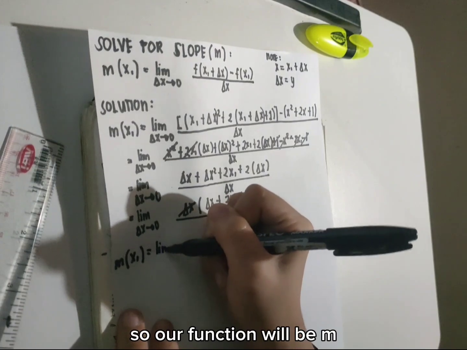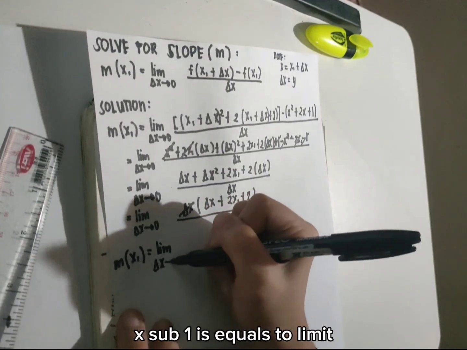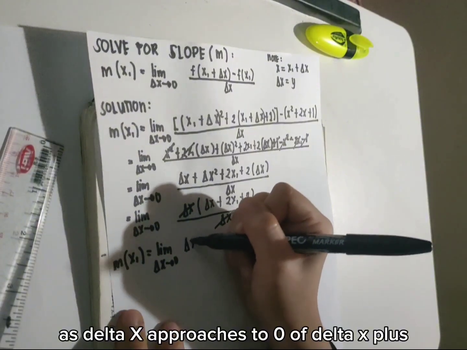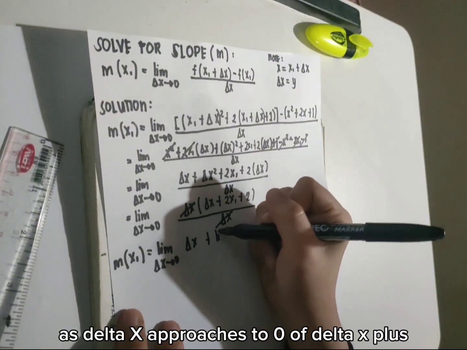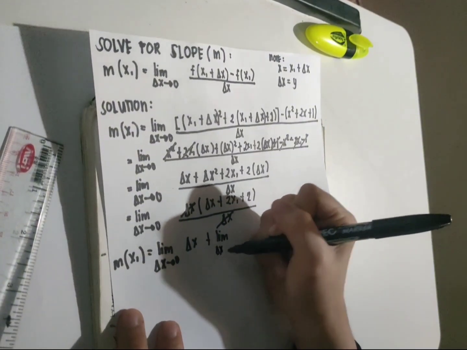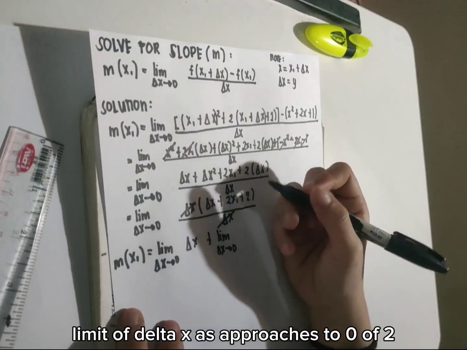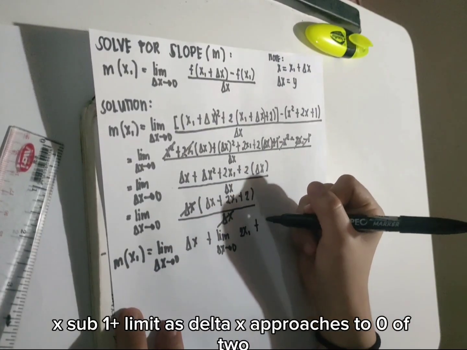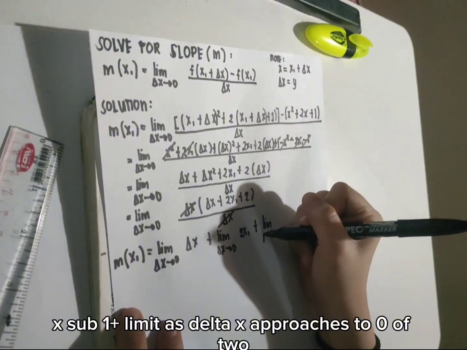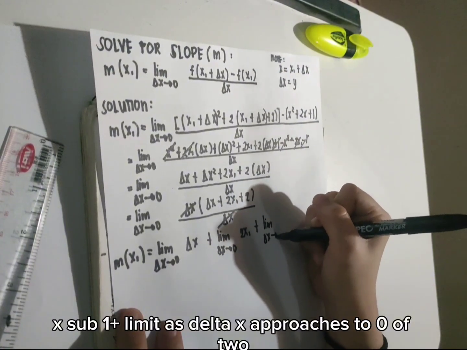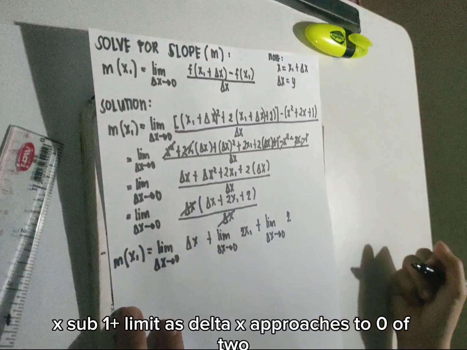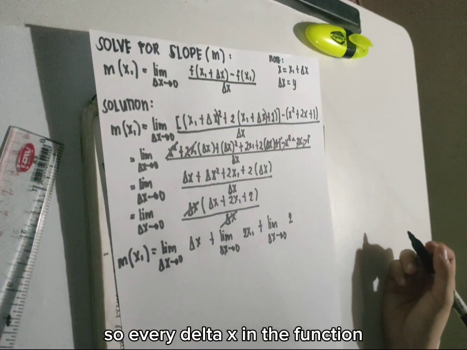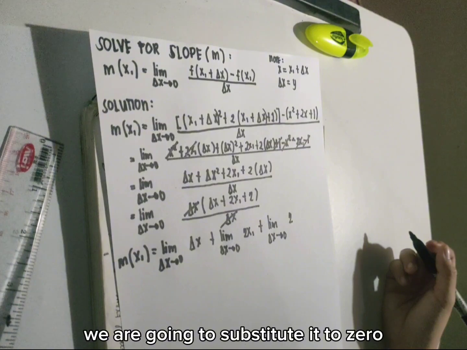So our function will be m of x sub 1 is equal to the limit as delta x approaches 0 of delta x, plus the limit as delta x approaches 0 of 2x sub 1, plus the limit as delta x approaches 0 of 2. So every delta x in the function, we are going to substitute it to 0.